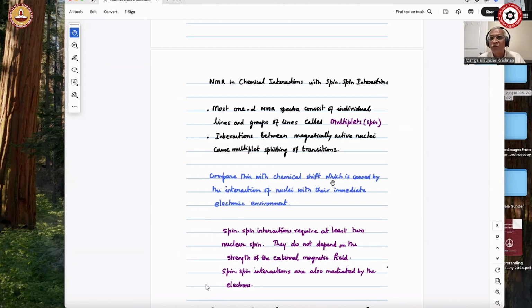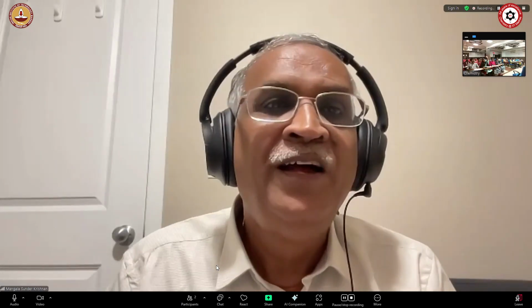Okay, so I made things simpler for you without any mathematics. But the next one is going to be slightly more mathematical, okay? The spin-spin interaction. How many of you have studied the multiplet structure in NMR spectroscopy? Please raise your hands. Wow, only 2 or 3 people, 4.